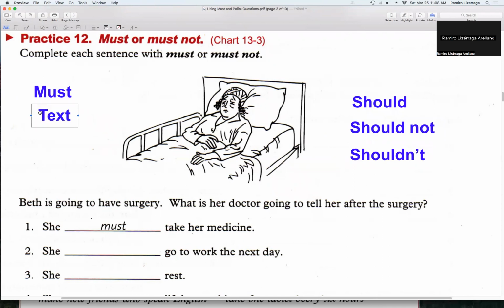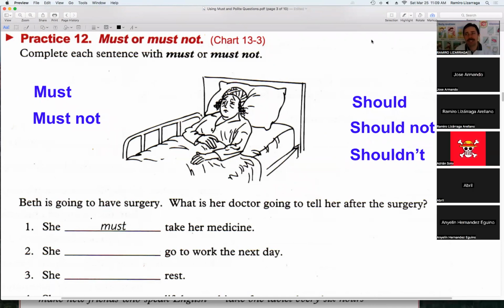and must not. Entonces, en este caso del must, no hay una abreviación. No es de que vamos a decir, oh, you mustn't. Quisiera inventar una, como si fuera el shouldn't. ¿Cómo pudiéramos decir el must not? Así como se abrevia el shouldn't. ¿Cómo pudiéramos inventarlo?